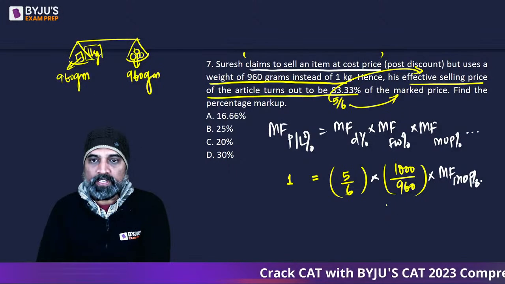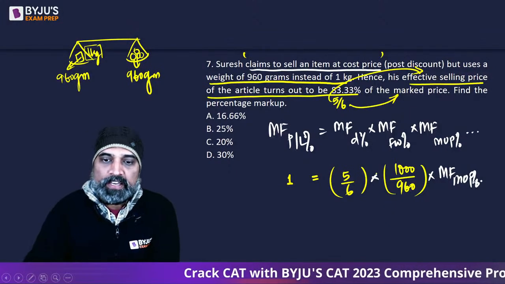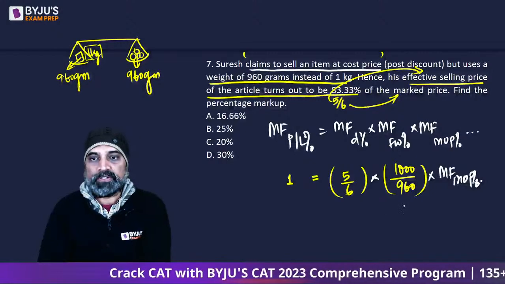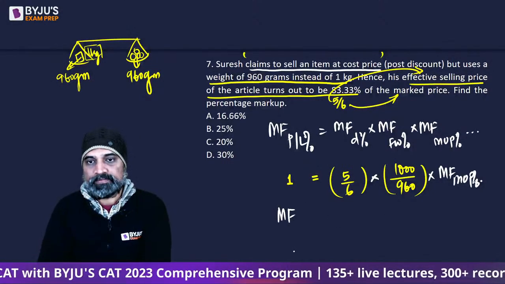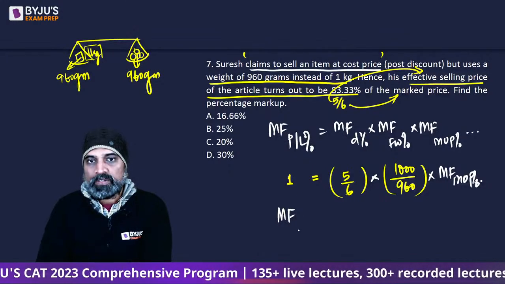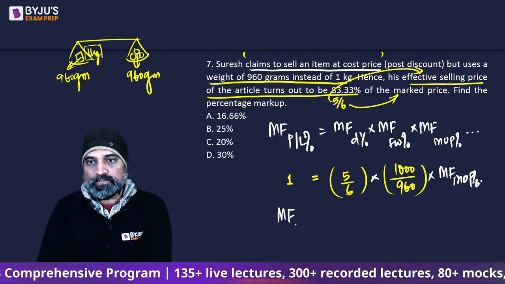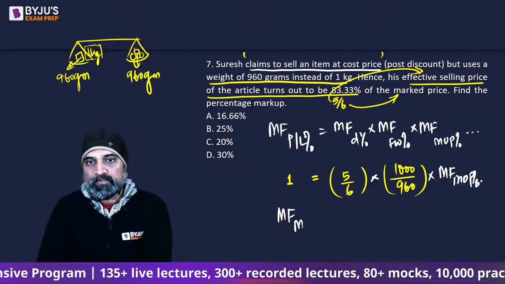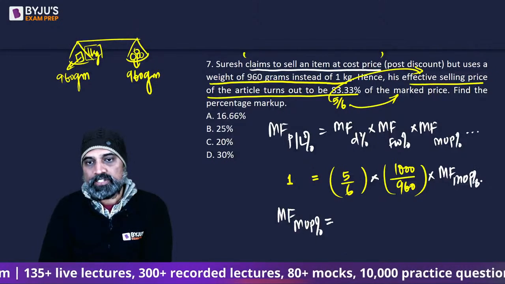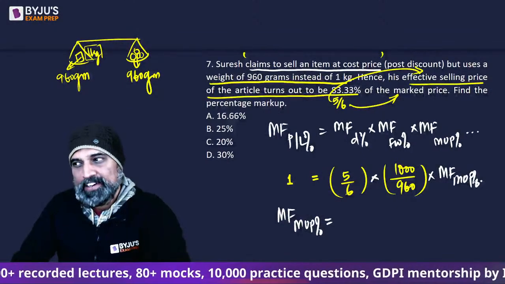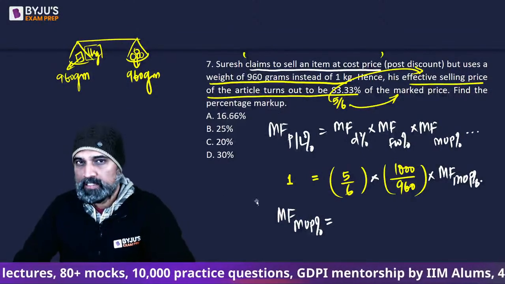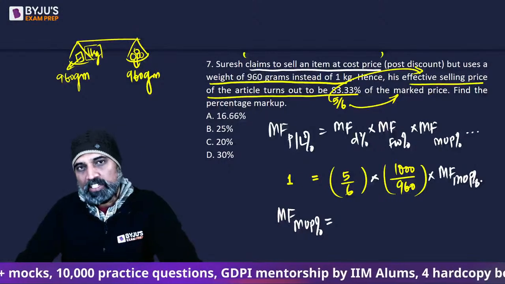So what we now can do is find out the multiplying factor of markup price percentage, and how much it is going to be. So we will have to cross multiply. Here 5 and 100, they are together. So it's just not getting cancelled out, right?